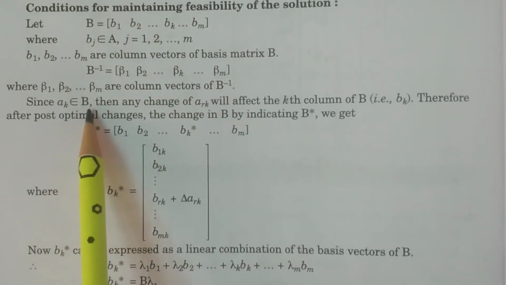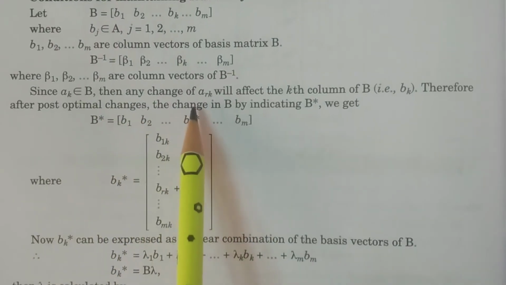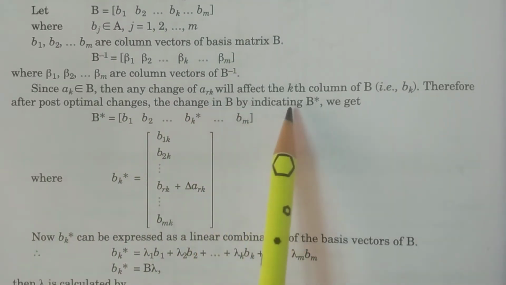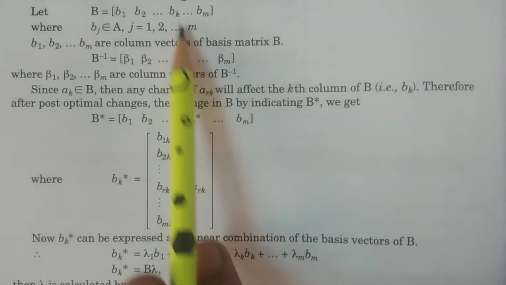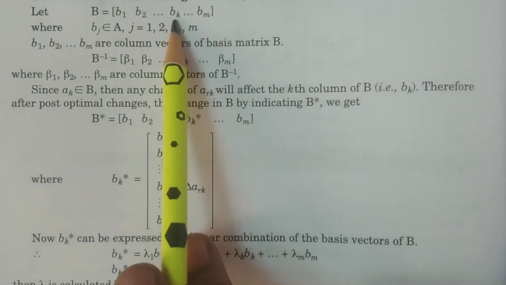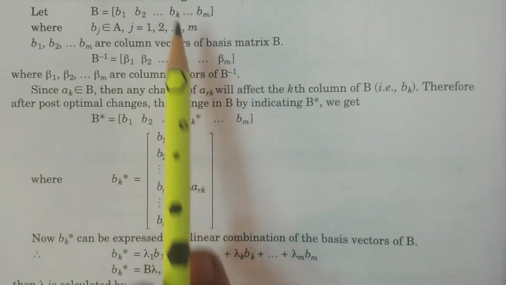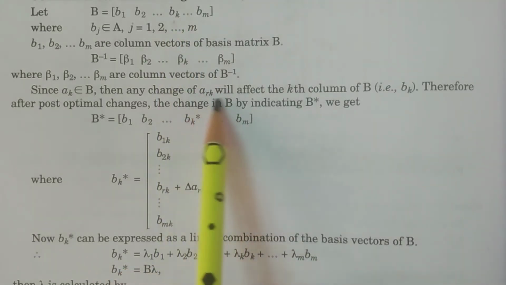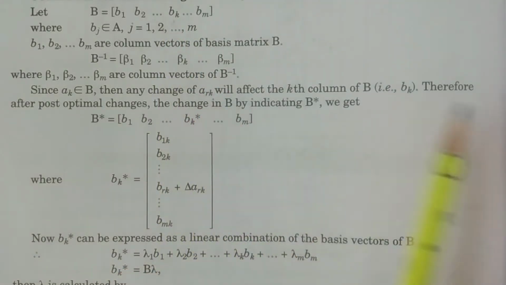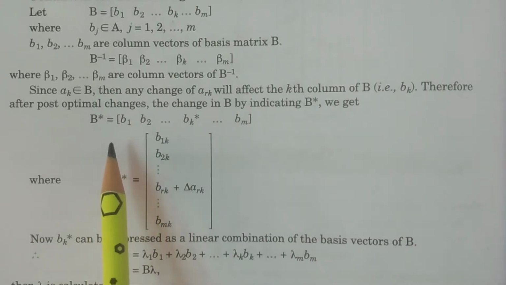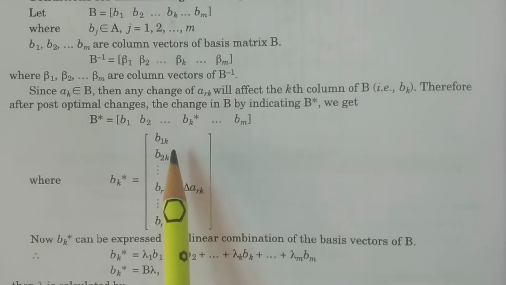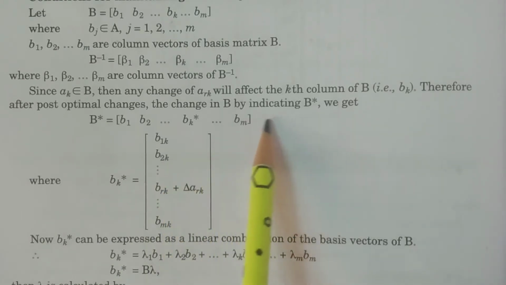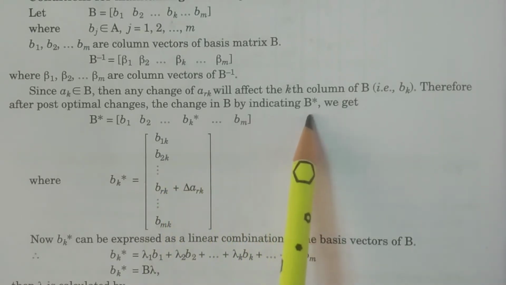Since ARK belongs to B, any change of ARK will affect the kth column of B. That is the reason why we are considering one of the column vectors Bk, in which you have the element ARK. So therefore, to look after the post-optimal changes, we indicate the changes in B by B star.